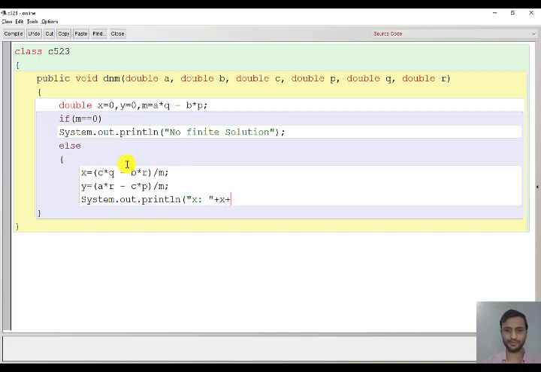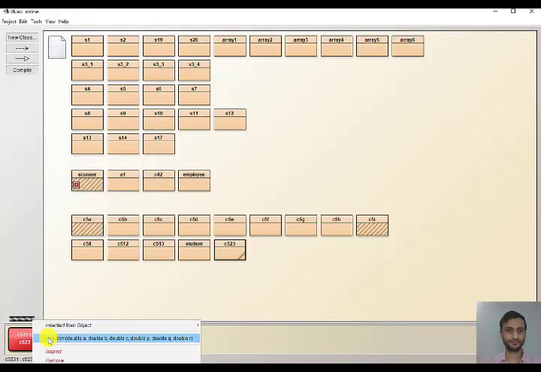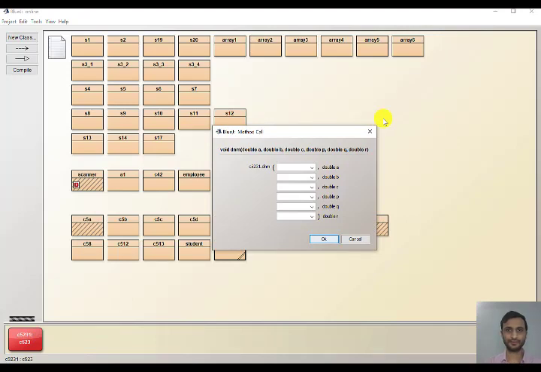Let us run this program and check if our program is correct. Let us take A and B as 5 and 5 and P and Q also 5 and 5.